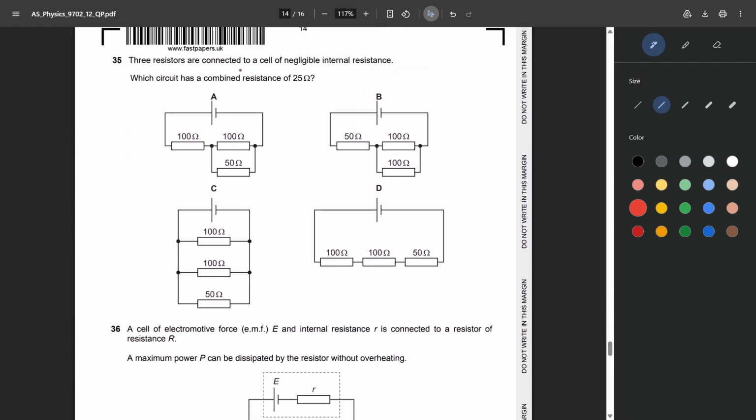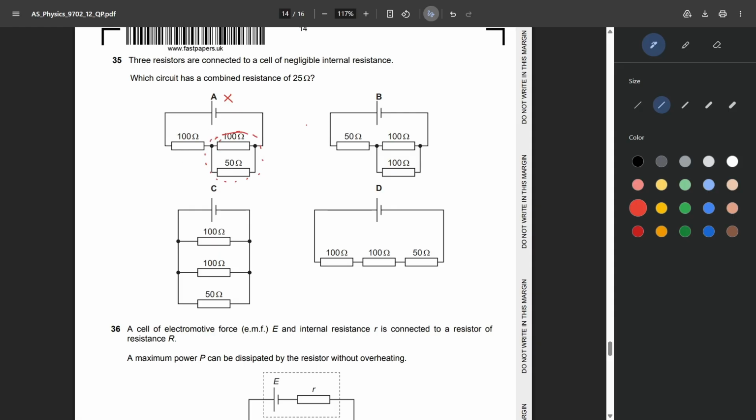3 resistors are connected to a cell of negligible internal resistance. Which circuit has a combined resistance of 25? Okay, combined resistance of 25. In option A, we have a 100 ohm resistor connected in series with a parallel network of 100 ohm and 50 ohm. And option A will definitely not be the answer, because think about it.